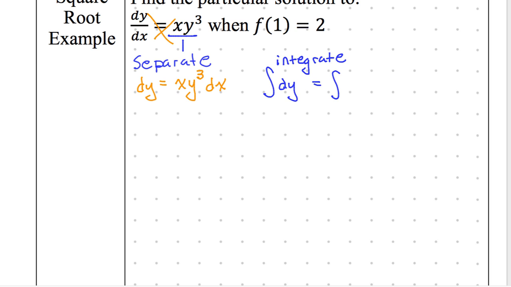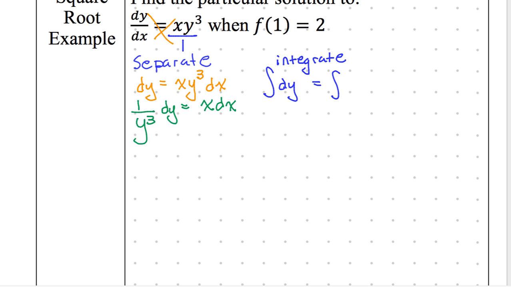What do we need to do? Divide by y to the third. Sorry about that. I don't know why I'm just skipping steps randomly. 1 over y to the third dy is equal to x dx.